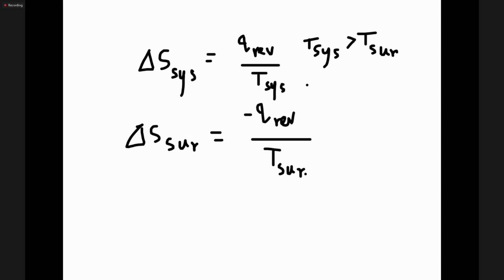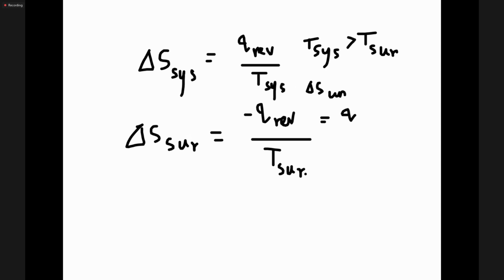So if we calculate delta S universe over here, it will be delta S system plus delta S surroundings. So it will be Q reversible by T system minus Q reversible by T surroundings.